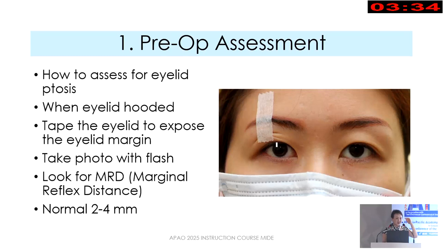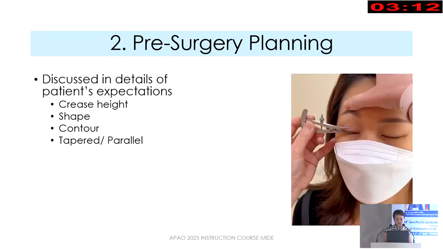So the key thing is to make sure that the excess skin is lifted out and you expose the eyelid margin. So we want to measure the marginal reflex distance, the distance between the corneal reflex and the eyelid margin. If the margin is at a good distance, around 3 to 4 mm, the patient is okay. They are without ptosis, and you can proceed with the double eyelid surgery.